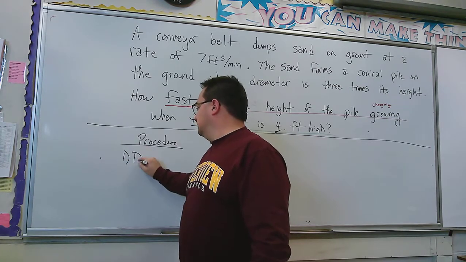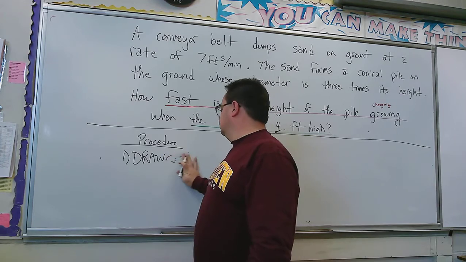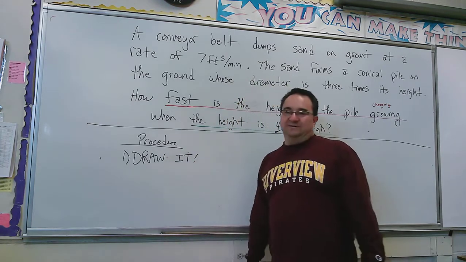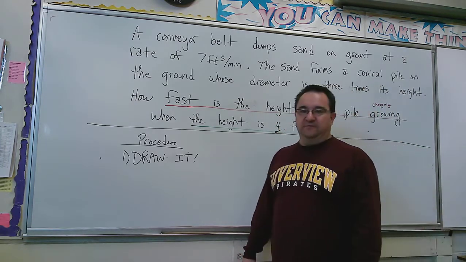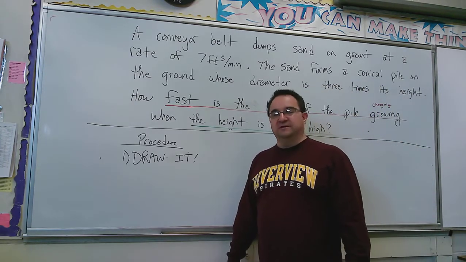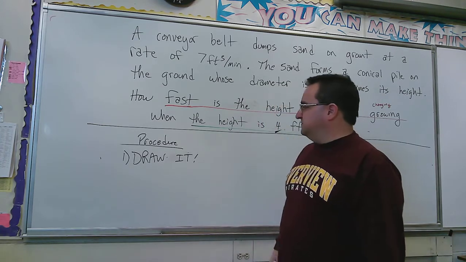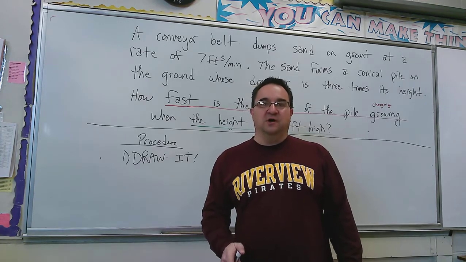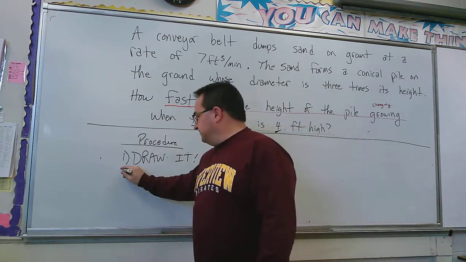When possible, draw it. I know some of you will want to not do that, but you're in for a world of hurt if you won't do your drawings for related rates. So draw, if possible, draw it, and we can draw this. It's a cone-shaped pile. Guess what we got to draw? A cone. Okay, so first we're going to draw it.